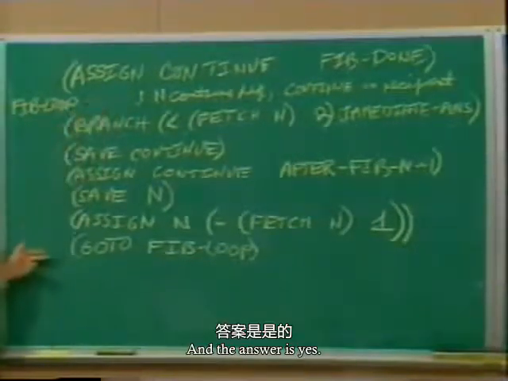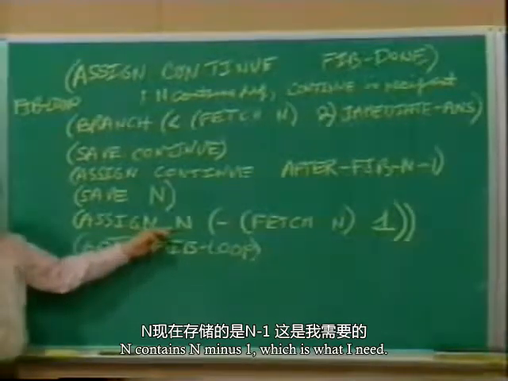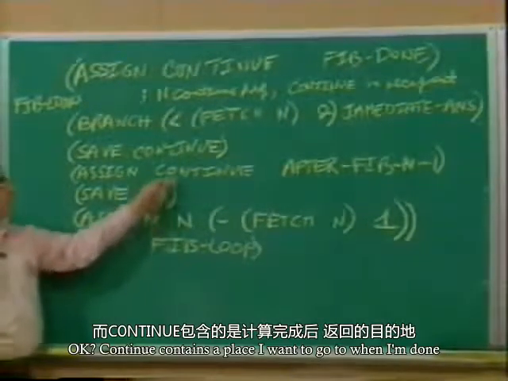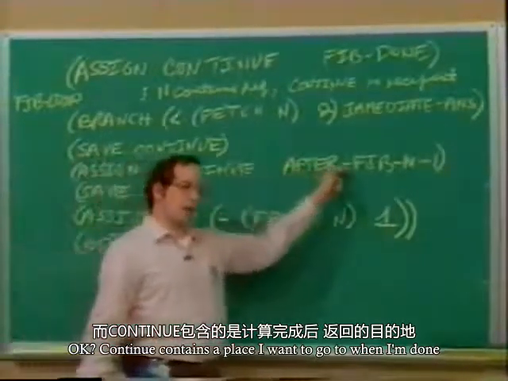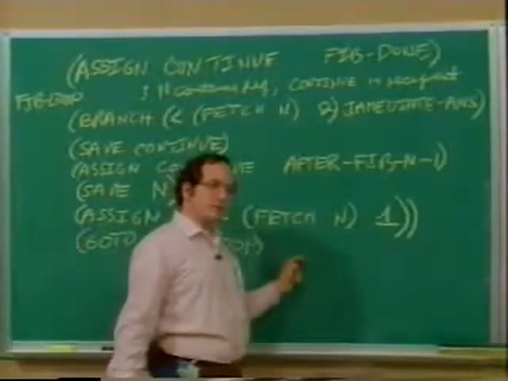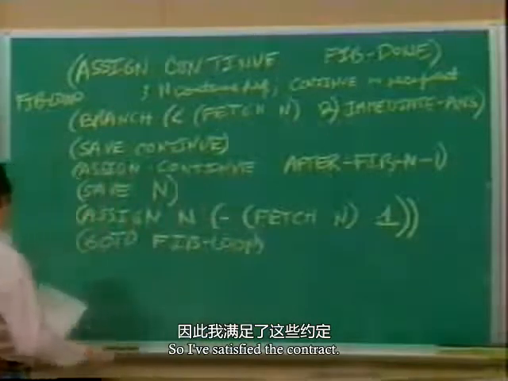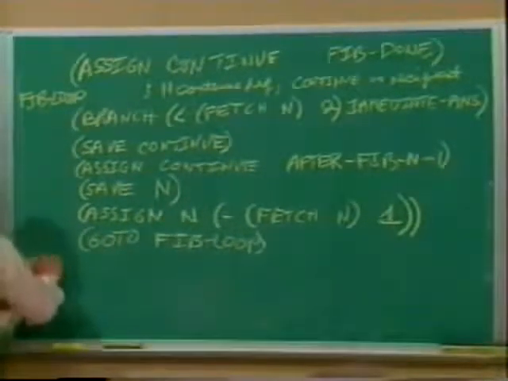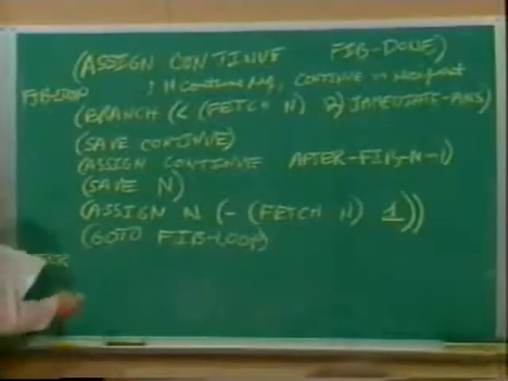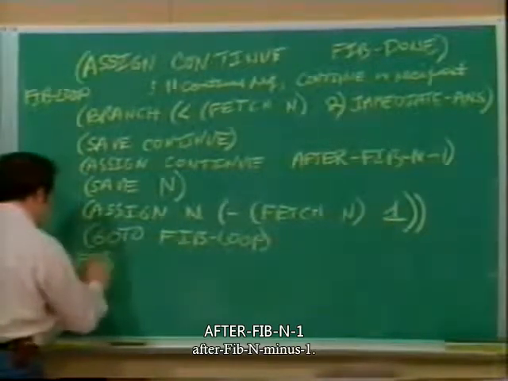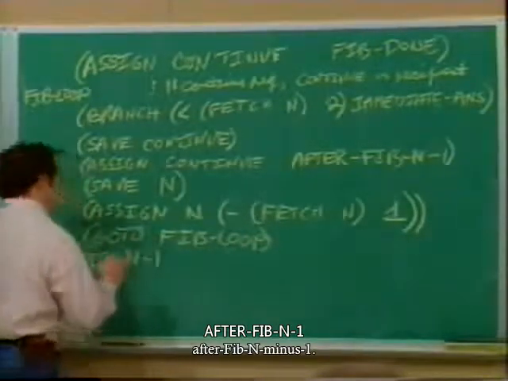And the answer is yes. n contains n minus 1, which is what I need. Continue contains a place I want to go to when I'm done with calculating fib of n minus 1. So I've satisfied the contract, and therefore I can write down here a tag, the label after fib n minus 1.